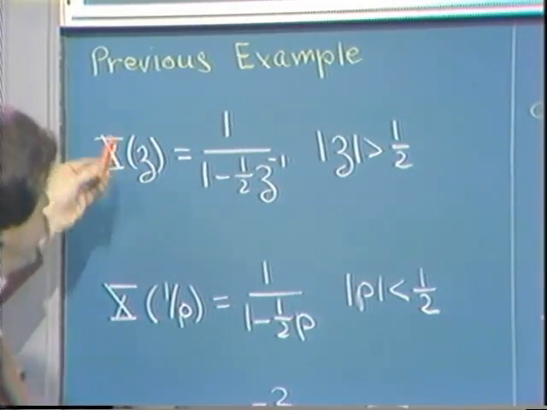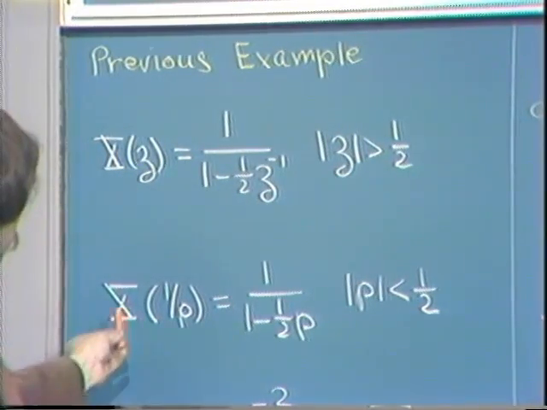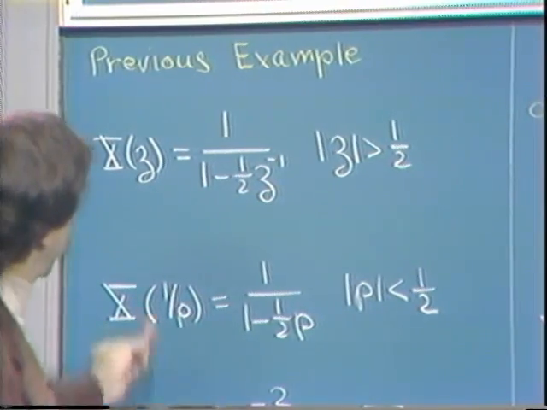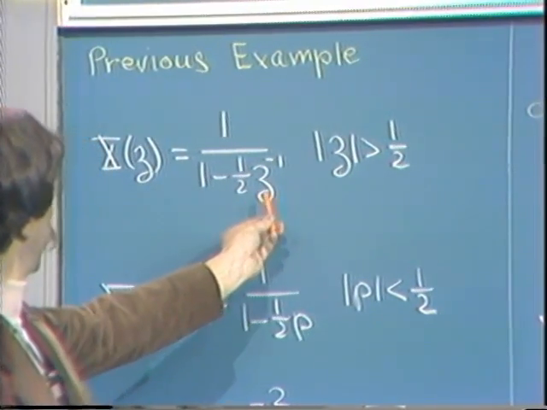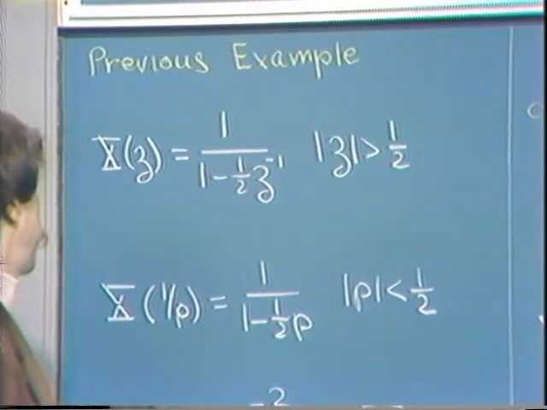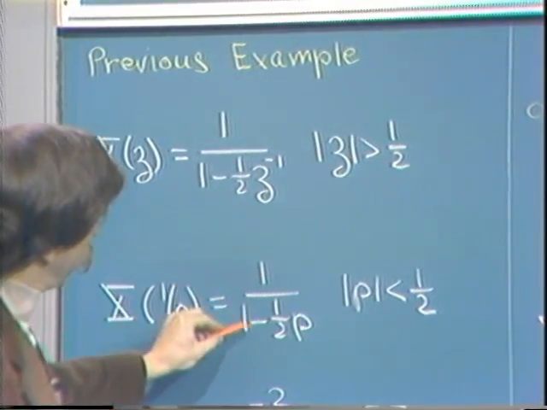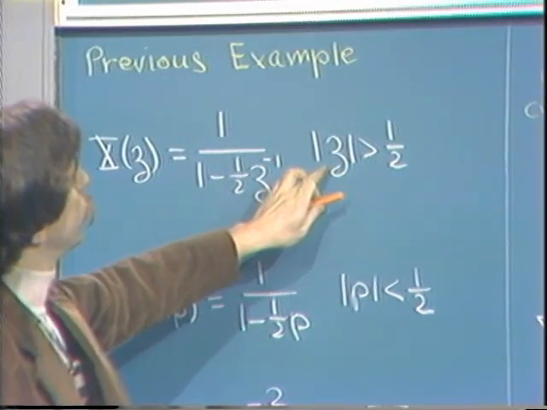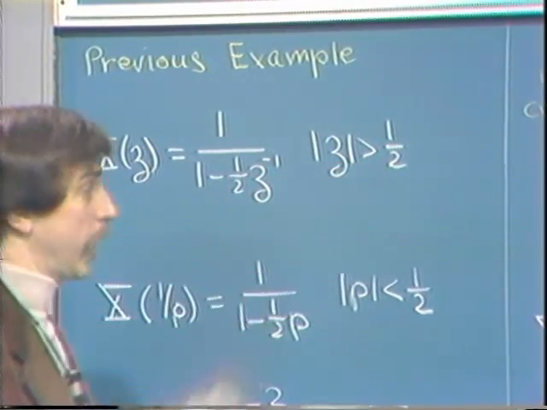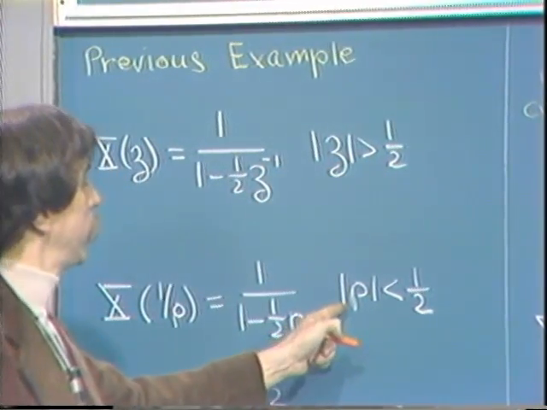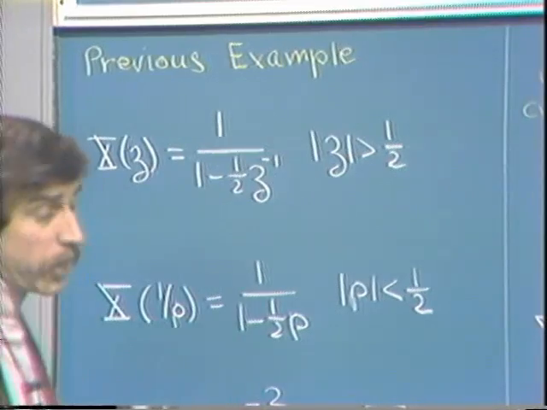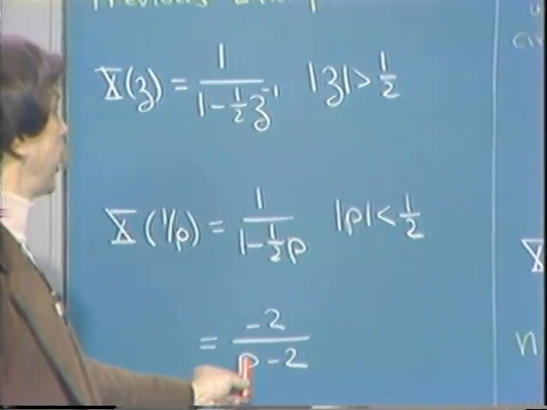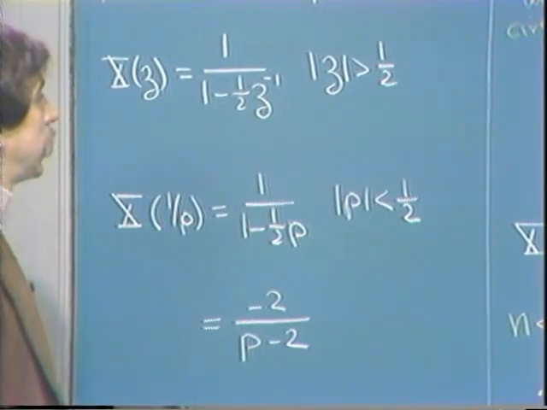We want to replace z by 1 over p, so we want x of 1 over p. Simply replacing z to the minus 1 by p, it is 1 over 1 minus a half times p. If this was true for the magnitude of z greater than a half, then this is true for the magnitude of p less than a half. So we get minus 2 divided by p minus 2.